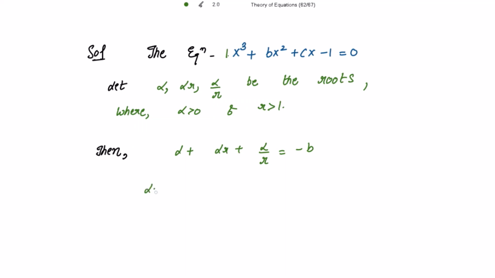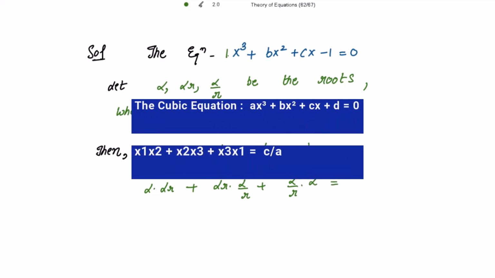And then the product of alpha and alpha r plus the product of alpha r and alpha divided by r plus the product of alpha divided by r and alpha. This sum is equal to c over a, right? So it is c.